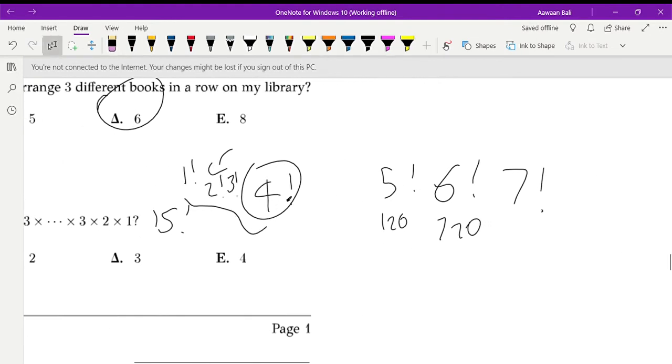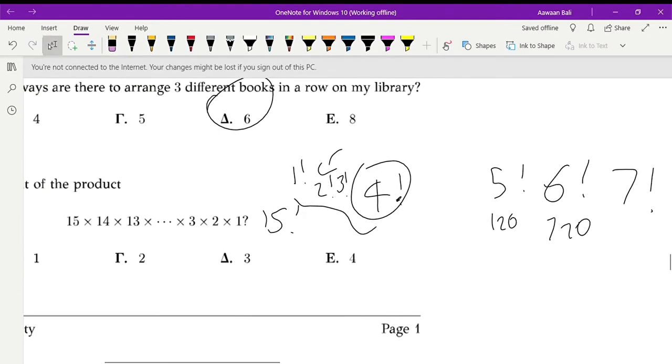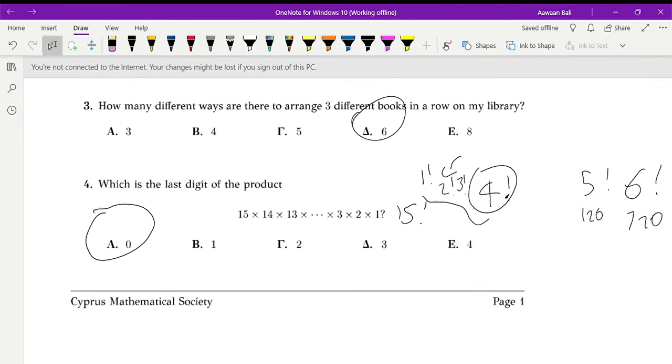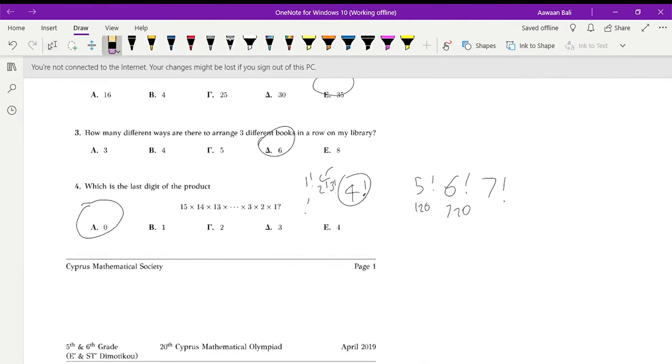So that means if any factorial is over 4 factorial, then it ends in a 0. Here it's 15 factorial, it's definitely over 4 factorial, so we can say that the answer is A, 0. So that's some good logic we can use there.